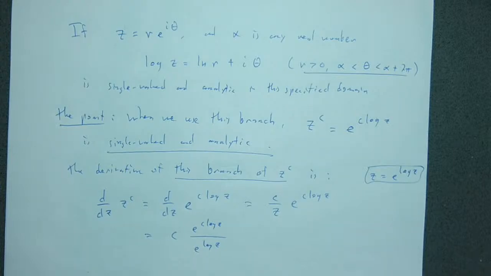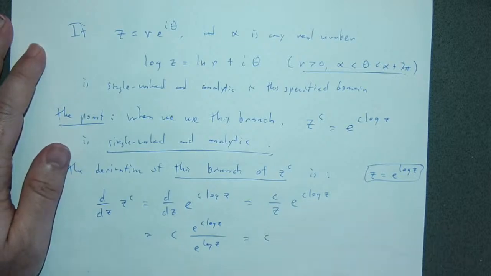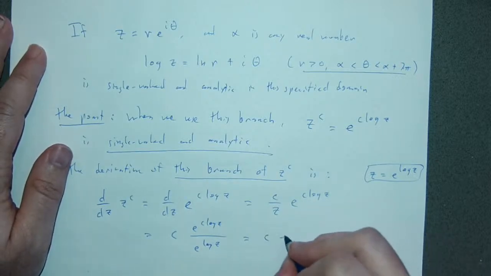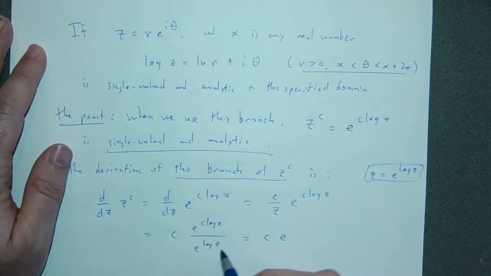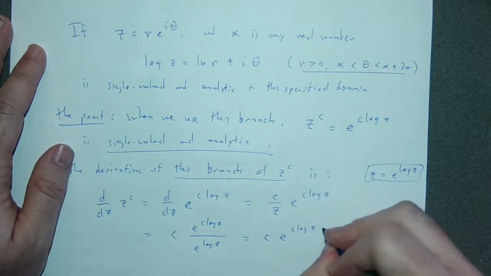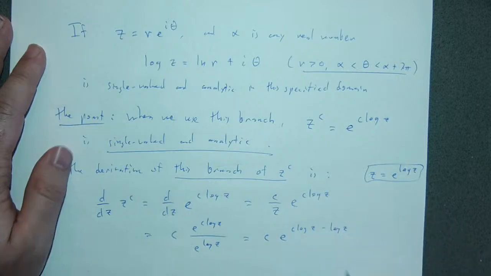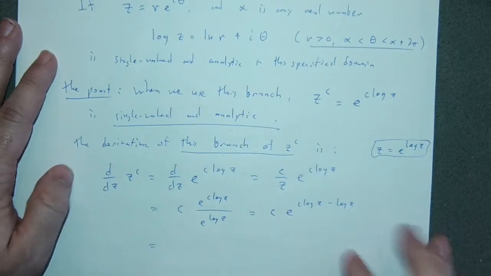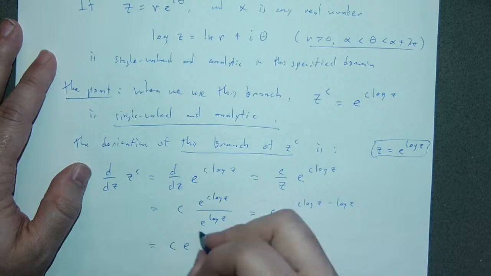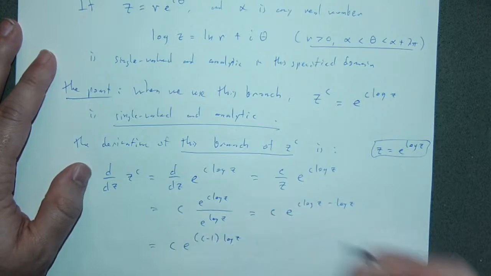And so this is c times e to the c log z minus log z, using this property of the exponential function again. Factoring that out, this is c e to the c minus 1 times log z.